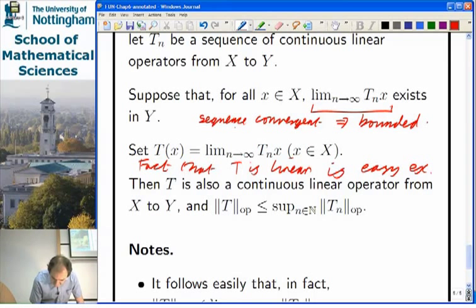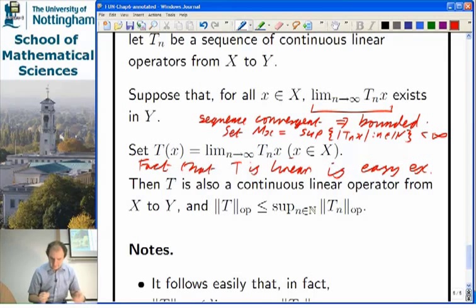So you can set Mx to be the supremum of the modulus of Tn x over n in the natural numbers, and that's finite. Because it's a convergent sequence, as n varies, the constant depends on x. But for each x, you get a convergent sequence, so it's a bounded sequence. And this is a norm.